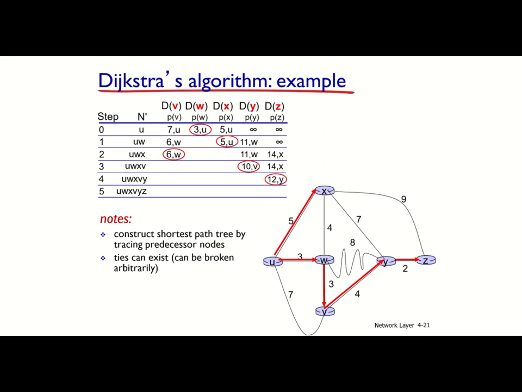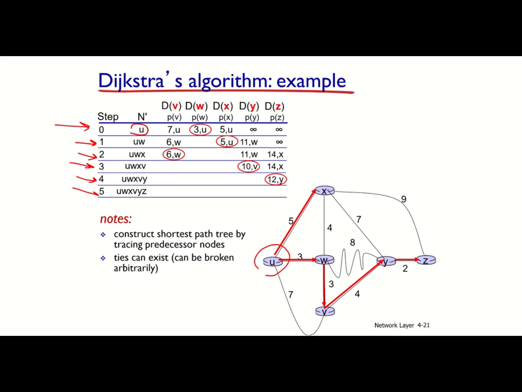Here's an example of running the Dijkstra algorithm. As you see, we have 5 different steps. In the first step, we assume that only u, which is the source, is in the set N prime, and as we go further, we add w in the first step, x in the second step, v in the third step, y in the fourth step, and finally we add z in the last step.